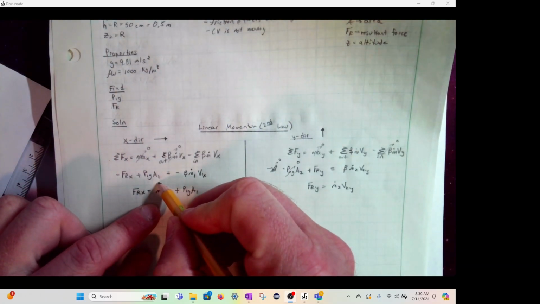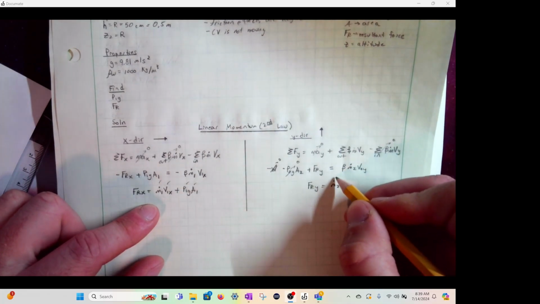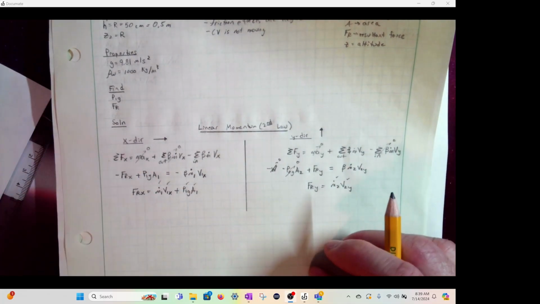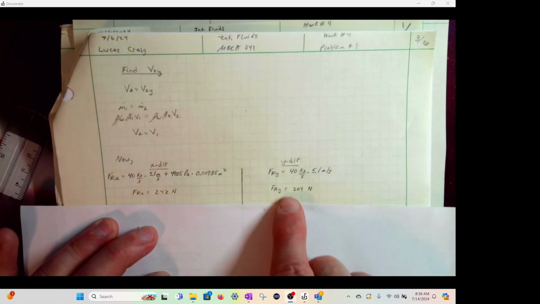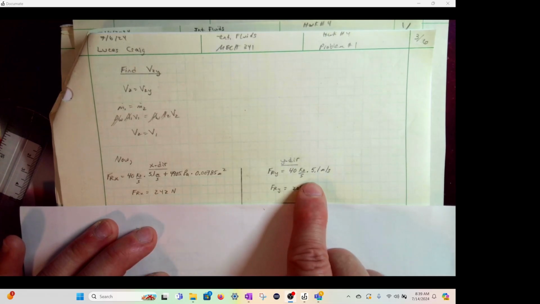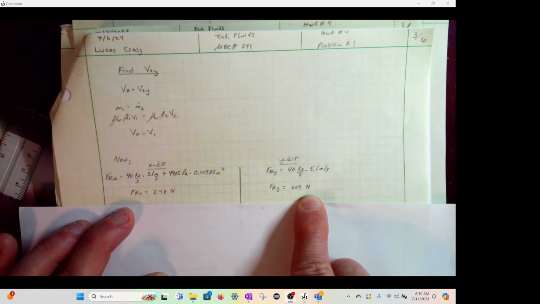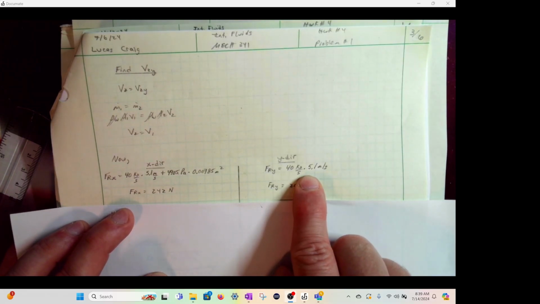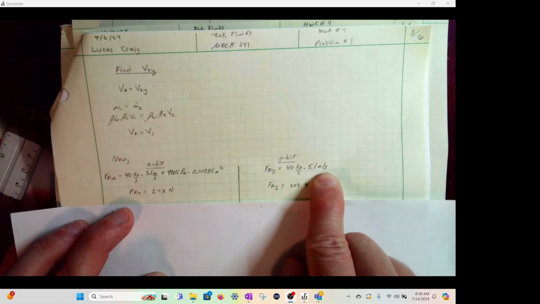Okay, so now we've had, if I go back to page 1, I have this, check. I have this, check. I have this, check. I have that, check. I have this, check. I have that. Boom. Now I can solve for FRX and the X, FRY and the Y. Plug our numbers, our units, and we end up getting 242 newtons in the X, 204 newtons in the Y. Now, I haven't done units yet for a tutorial, but a kilogram times a meter over a second squared is a newton.